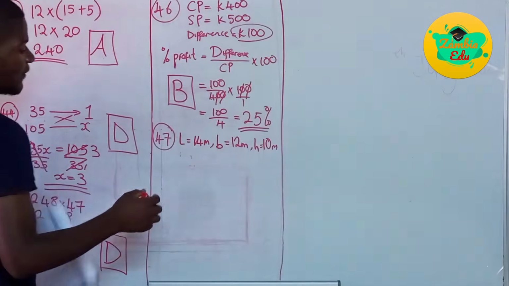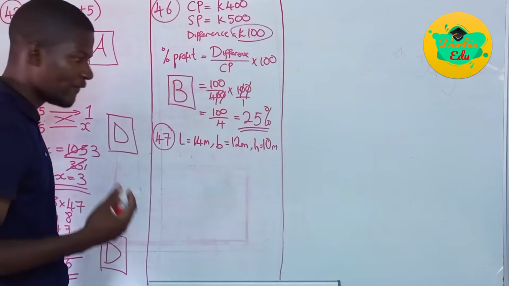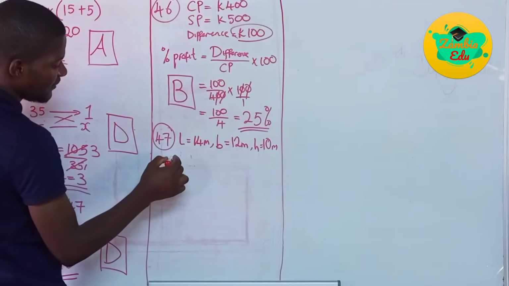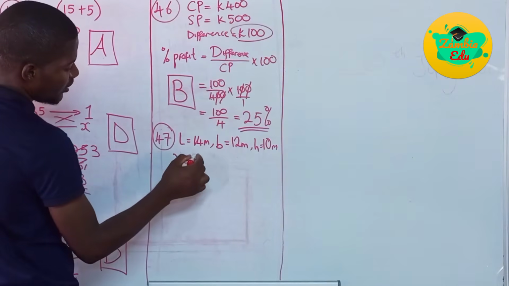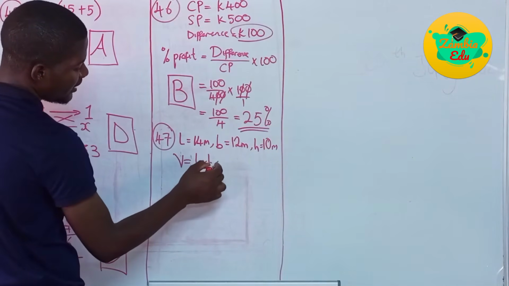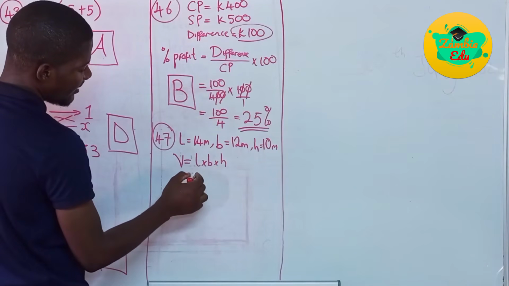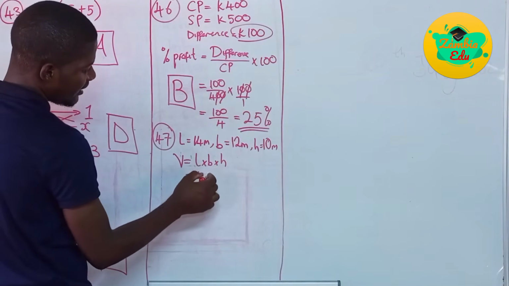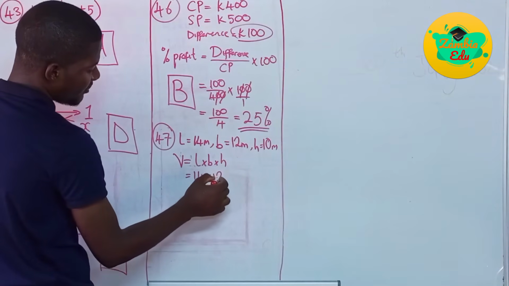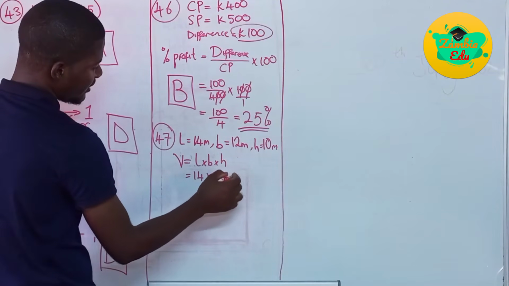So, first and foremost, remember the formula of volume. The formula for finding volume is equal to L times B times H. So, L for length, which is 14, times breadth, which is 12, times 10.